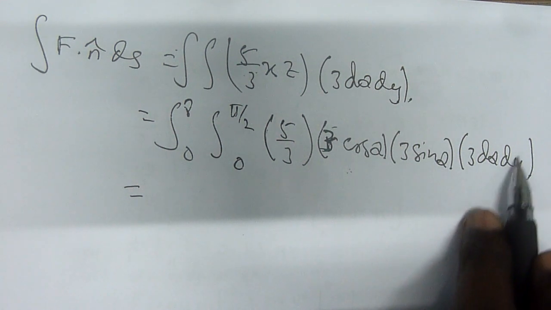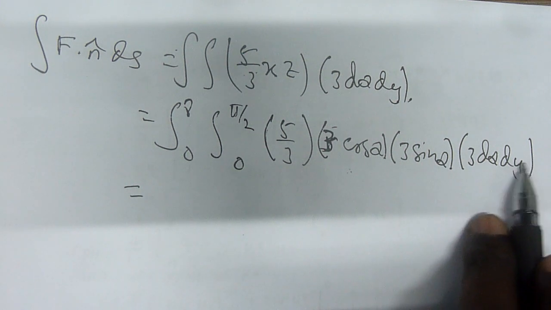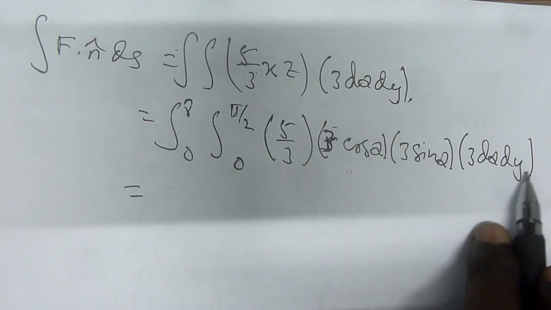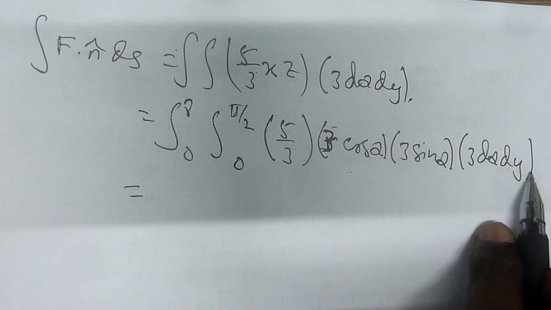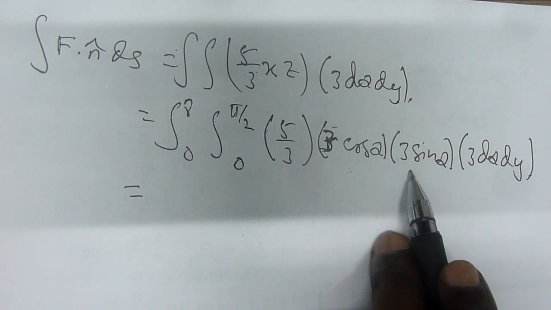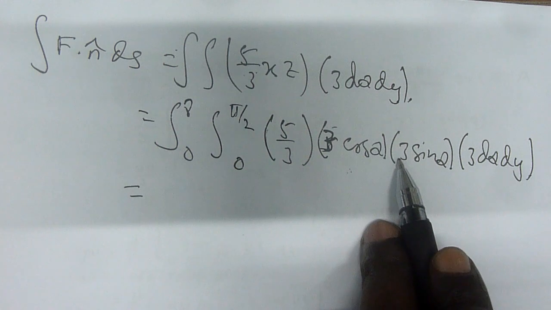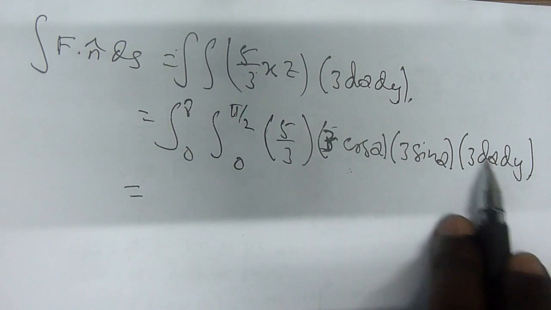r is not dependent here. It is not a dependent variable for this. See, the r is not depending on dy. If dr exists, you cannot change this to 3. The 3 is independent. The r is independent of this dy d theta.